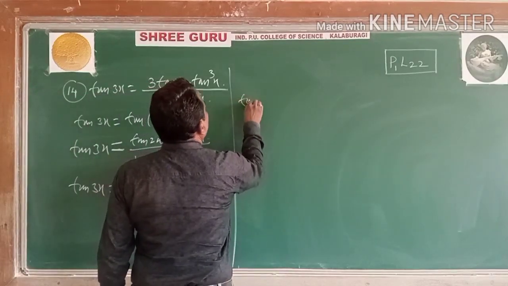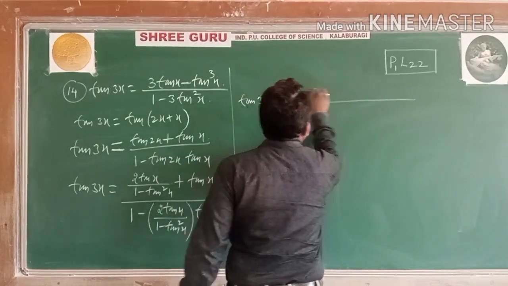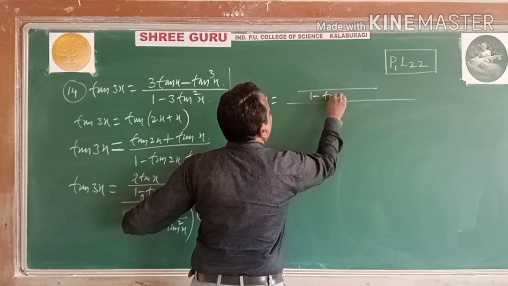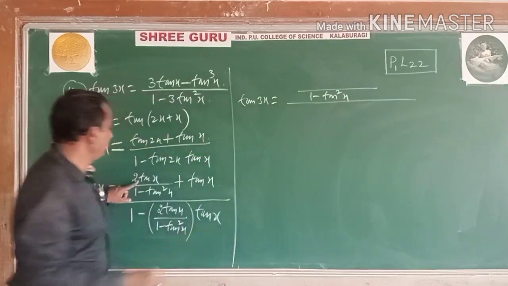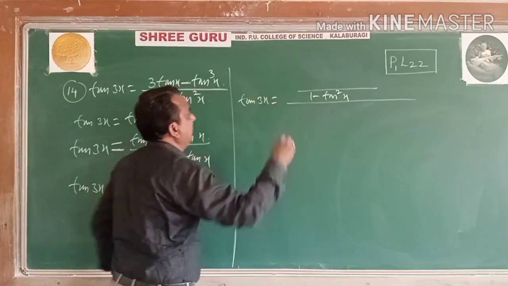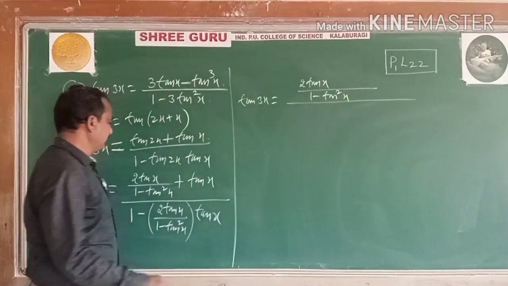Tan of 3x is equal to, what is the LCM in the numerator? 1 minus tan square x is the LCM. 2 tan x as it is.